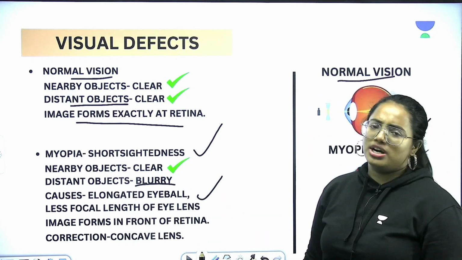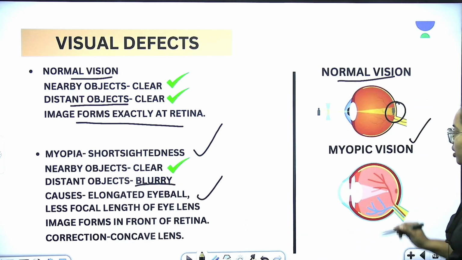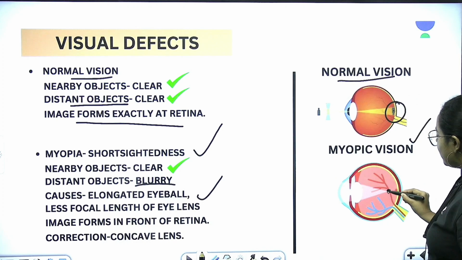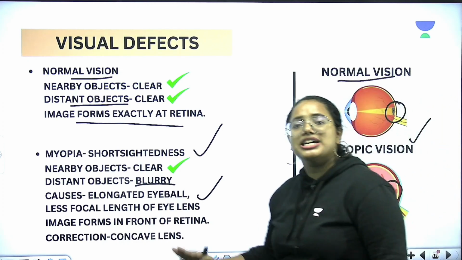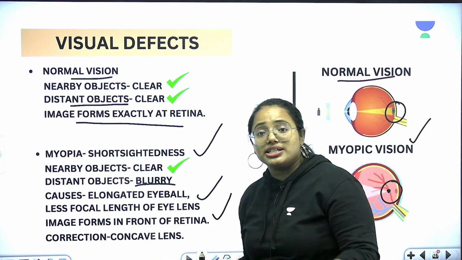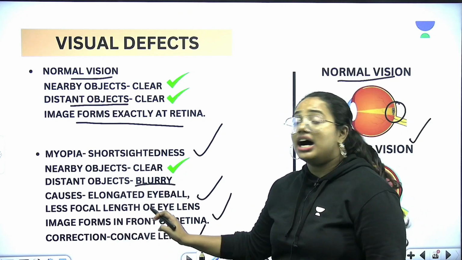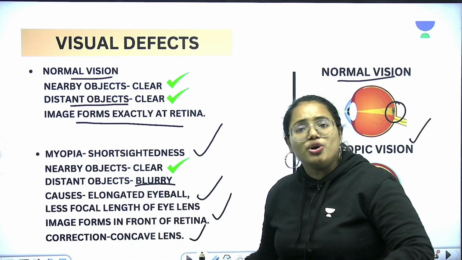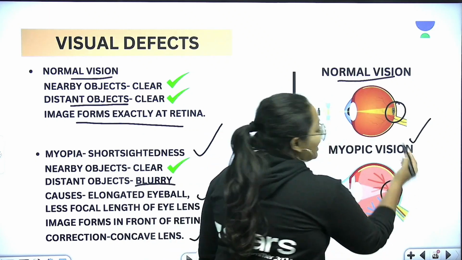And what about the image formation? Look at this image. Where is the image formed? Not at the retina. It is in front of retina. That is the reason we need to correct it with a concave lens. Clear? So we have to use a diverging lens so that the image can be formed on retina.